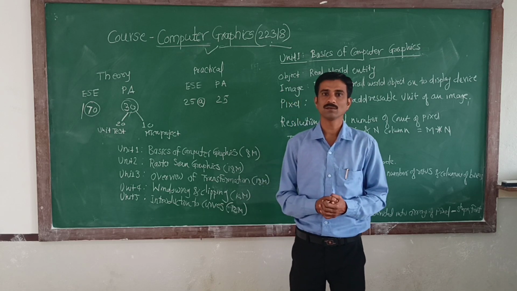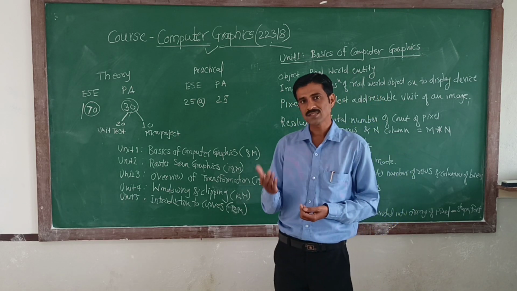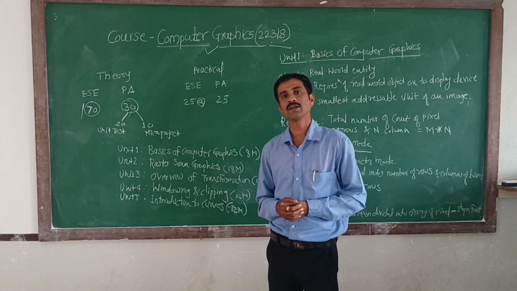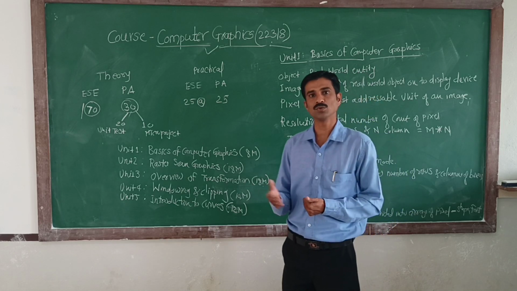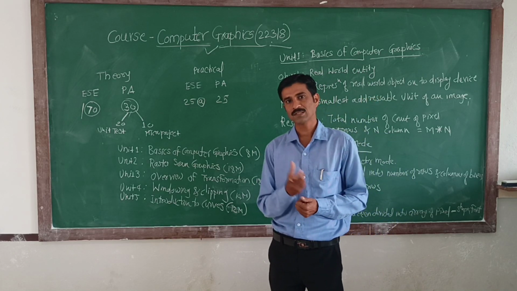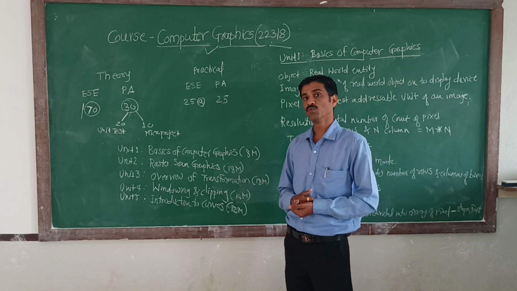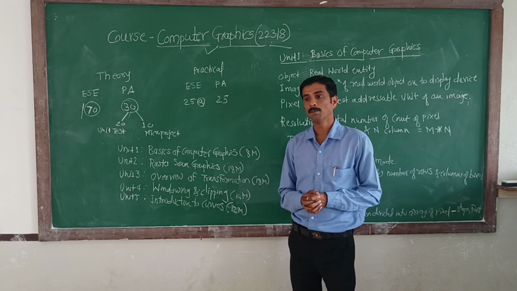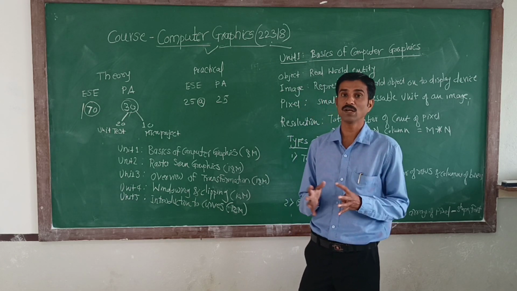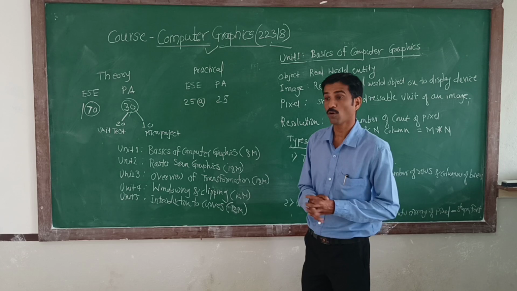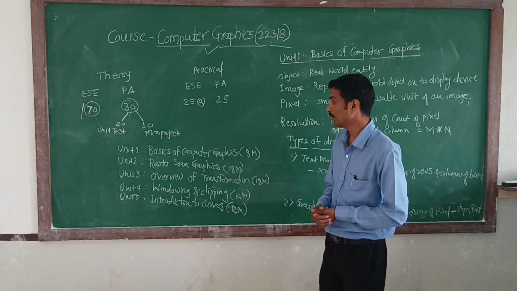So every object is scaled or translated or rotated depending upon the requirement of the user. For performing these operations, we will see some 2D as well as 3D matrices and the formulas for performing these operations in this unit 3.